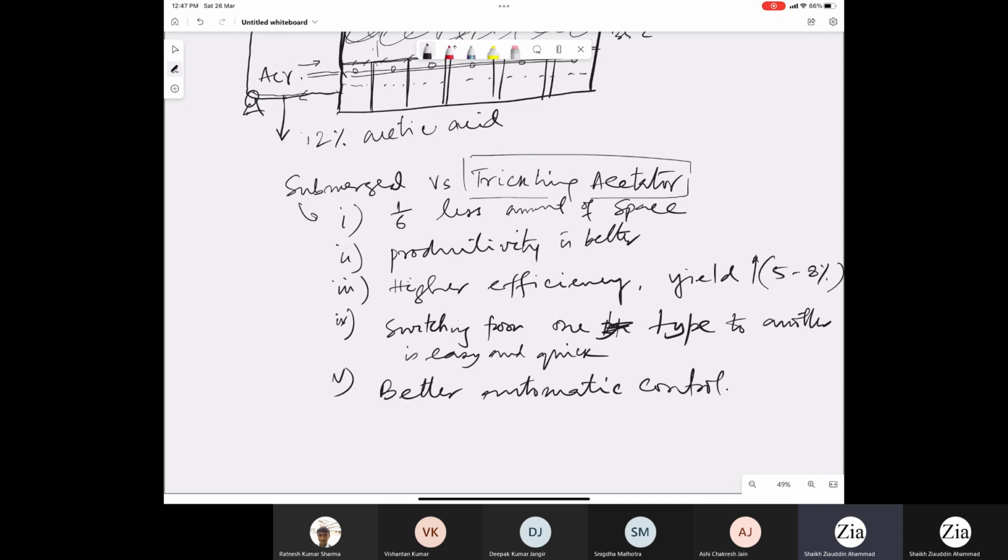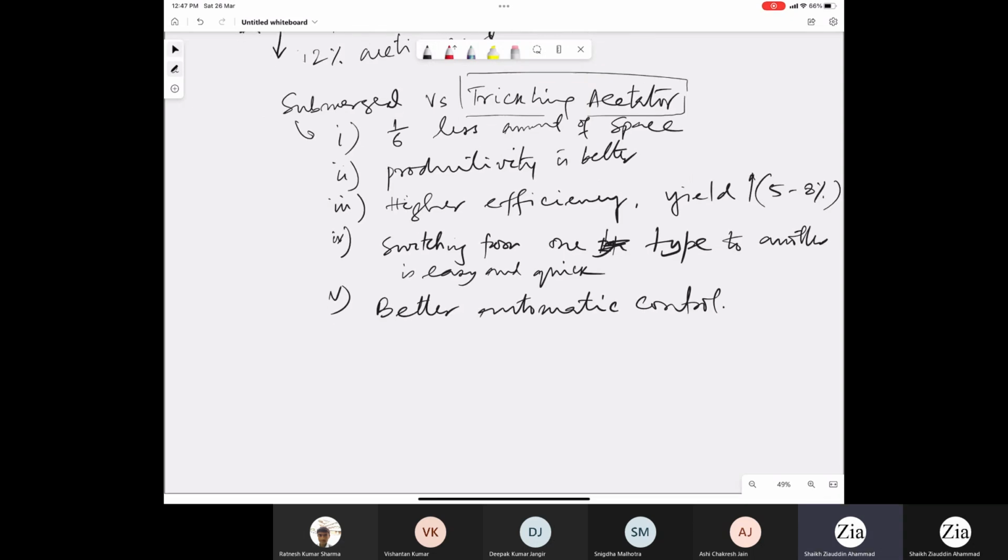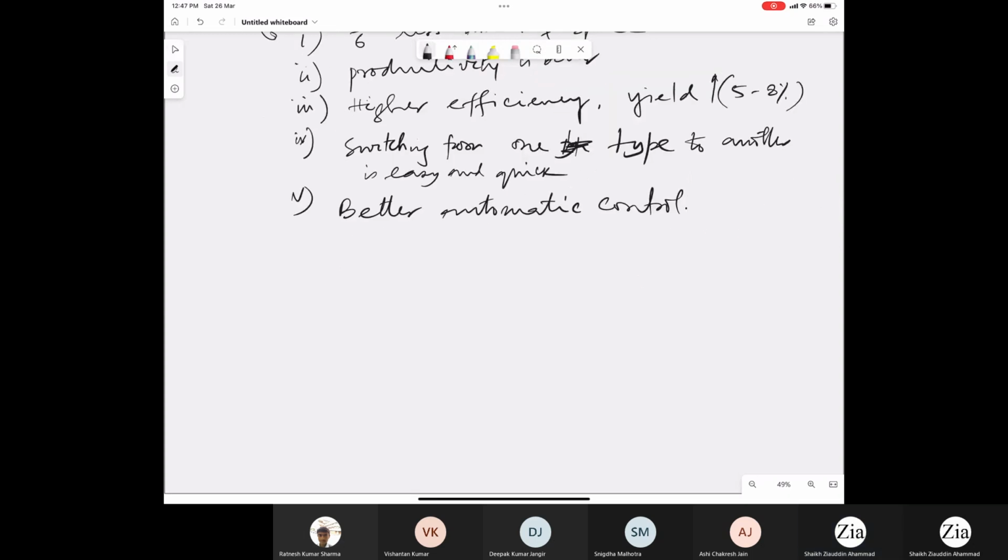Whereas in the packed bed system or the trickling acetator, it is very much possible that organisms present in the environment can also start growing inside the bed, and then they can create problems with the final product.